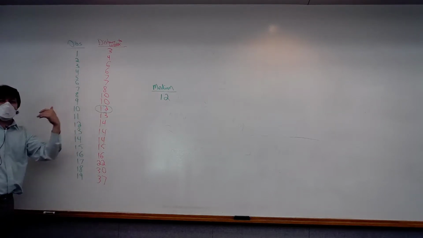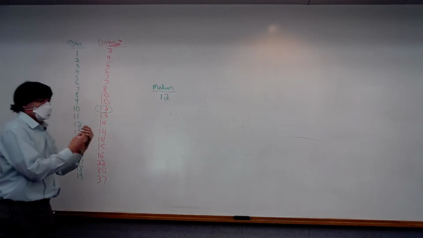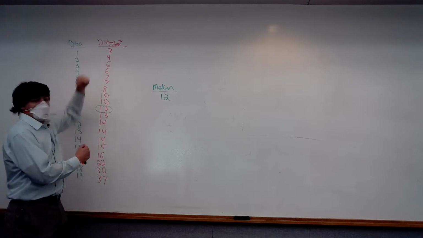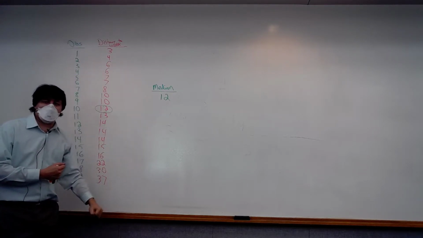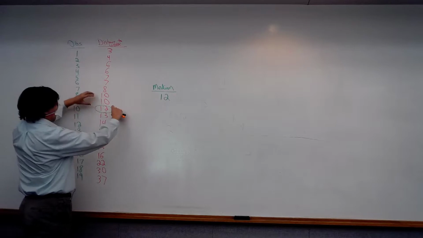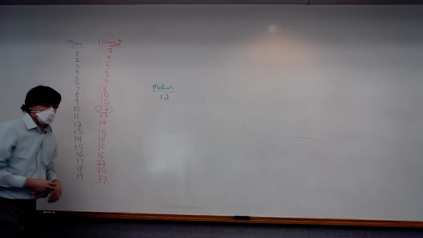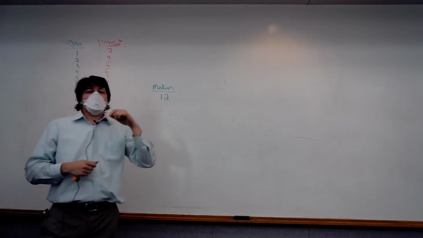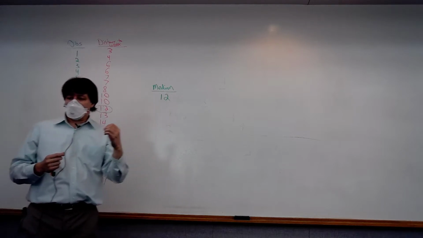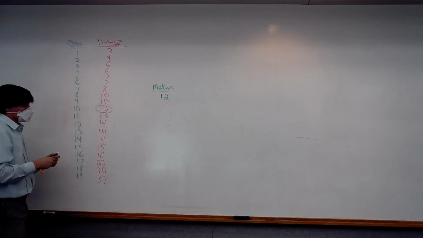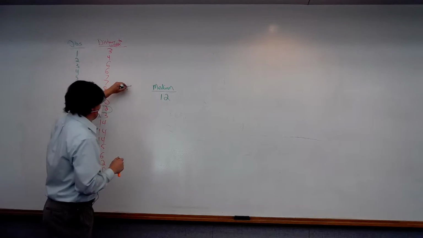The median is one way to talk about the middle of our values. We can think of it as half of the values being smaller and half being larger. Compared to 12, half of them are smaller and half are larger. Another way to think about that is 50% are smaller and 50% are larger.